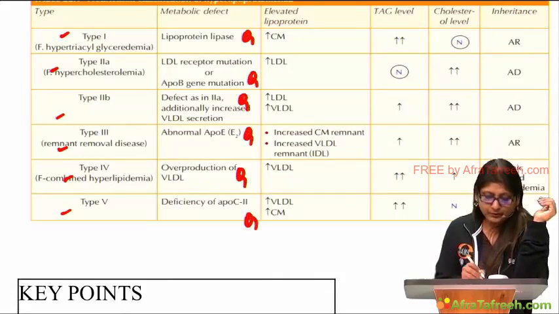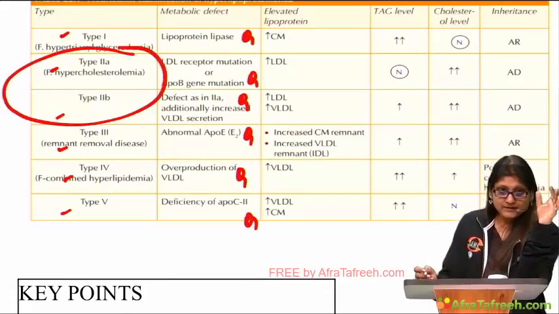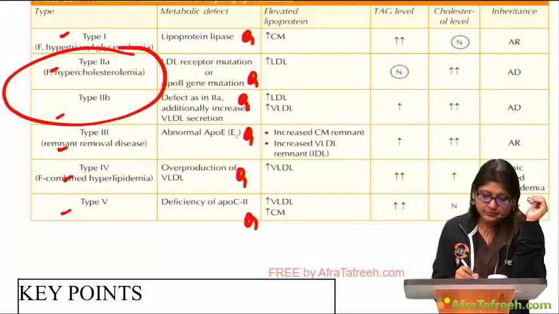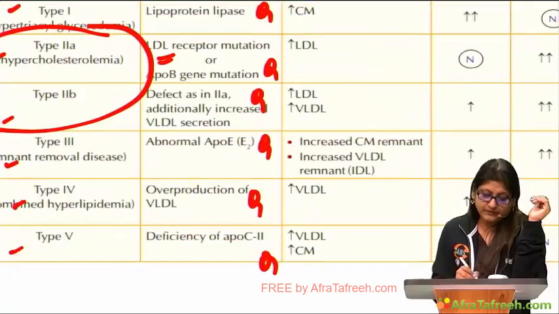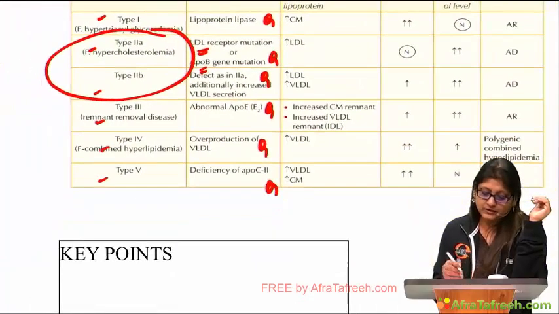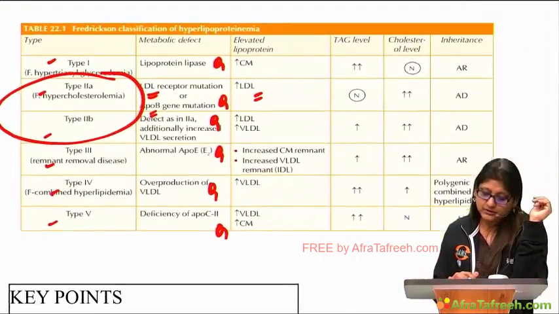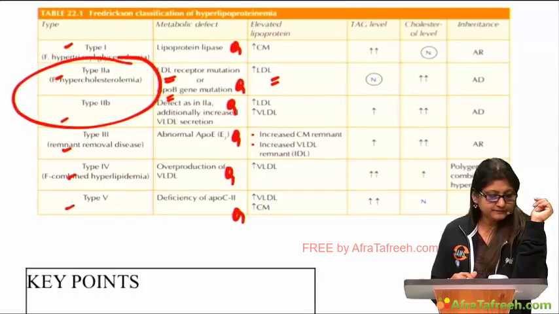And most important for you is the type 2a and 2b, where the problem is in the LDL clearance. So LDL is not cleared either due to receptor mutation or B100 mutation. The LDL is not getting cleared, so that's going to increase in the plasma, and that's going to increase the cholesterol level in the lipid profile. Very good.